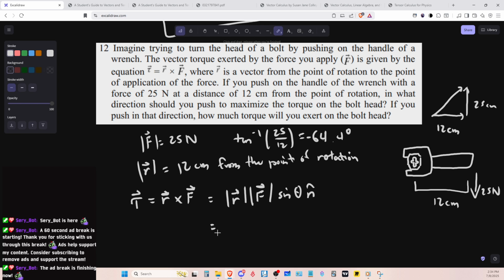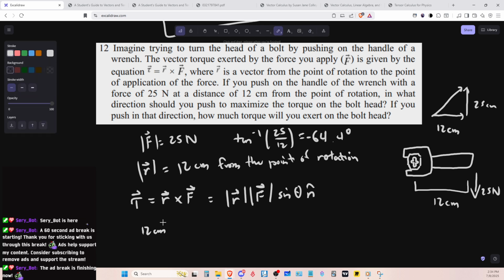Okay, so we have 12 centimeters. Oh no, maybe we should convert this. Yeah, we should convert this, because I forgot it's 12 centimeters and we want it in meters. That probably might make it better.